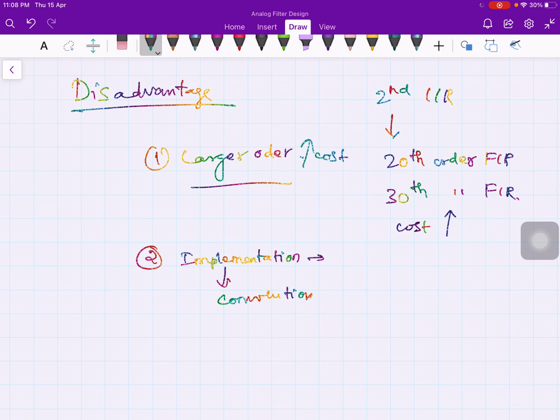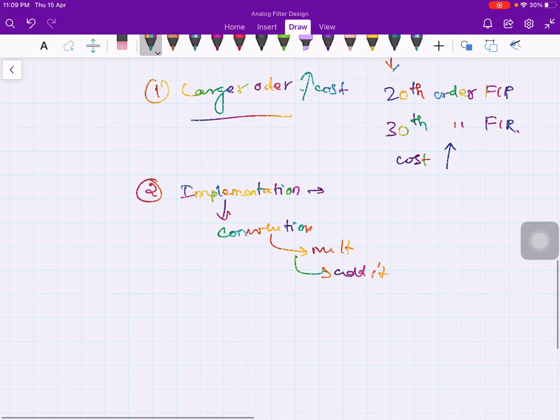If you write a software or do the required hardware, this convolution involves multiplication and addition, right? So it is a slow process. Nevertheless, this is not a disadvantage. Why? Even though the convolution is a slow process, it is not a disadvantage.